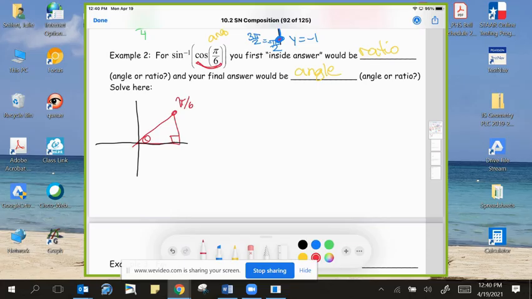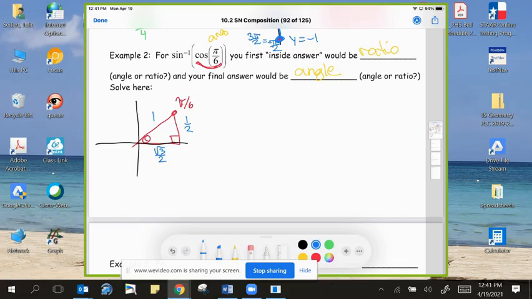So across from the 30, we label a 1/2. Good. Across from the 60, ooh, it's not 3/2, but we're close. That is root 3/2. And then the hypotenuse is 1. Do we need any negatives here? No. Good job.